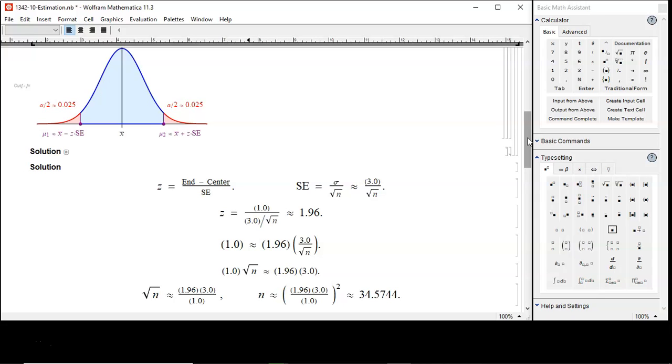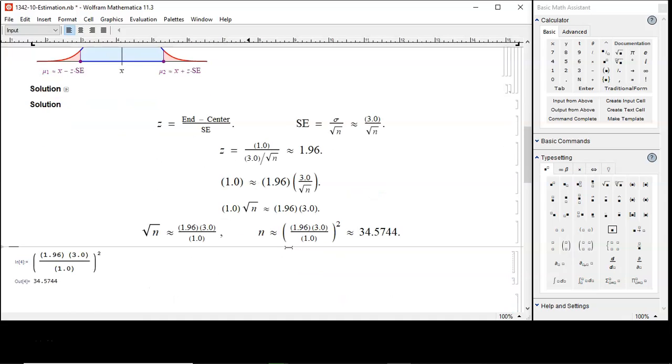So what do we do? We always round up. Even if you have 34.002, always round it up. We take n is, okay. That concludes.